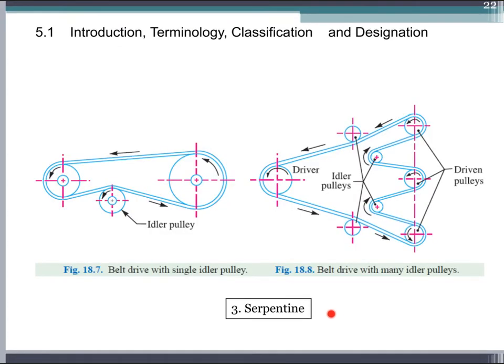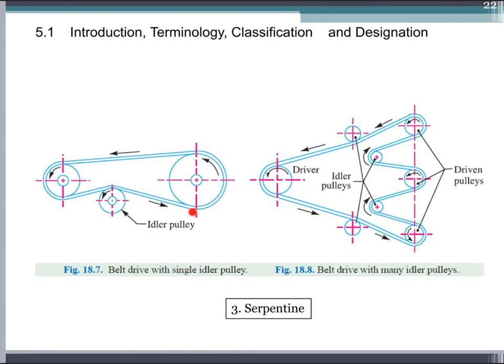The third belt drive system is the serpentine belt drive system, which uses idler pulleys in the belt system. We know that by using an idler pulley we can increase the angle of contact on this pulley, and we can also increase the angle of contact on this pulley.